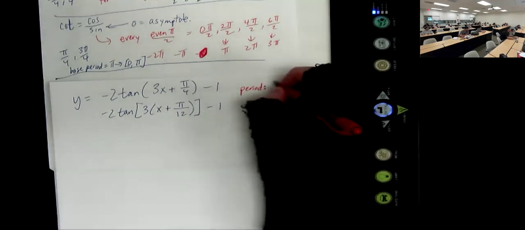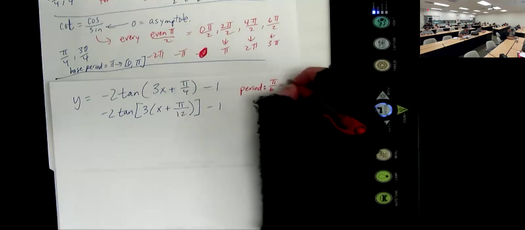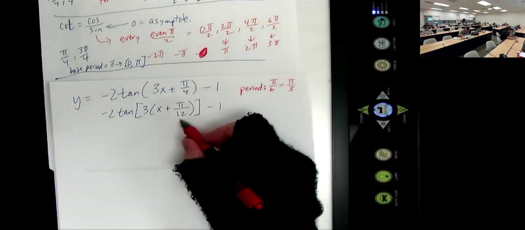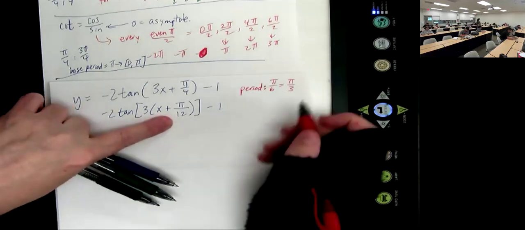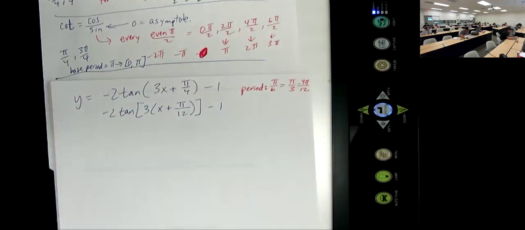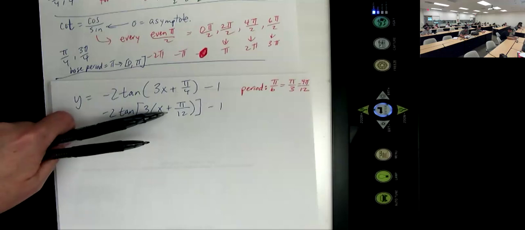Pi over 3. It's gonna be pi over b, which is pi over 3. If I do this in increments of 12, which would be handy because this is in 12, that's the same thing as 4 pi over 12. That way I've got it in the same base that this is in.